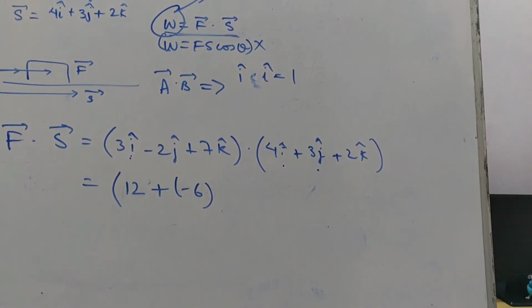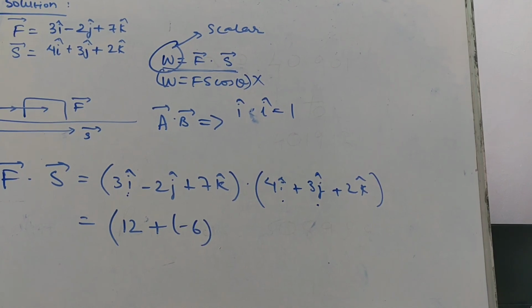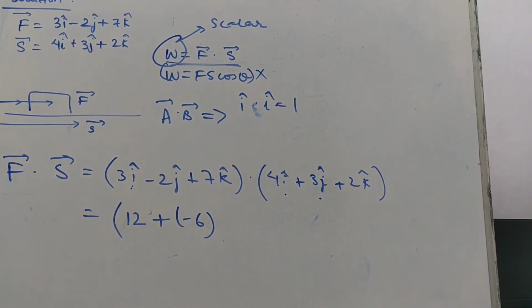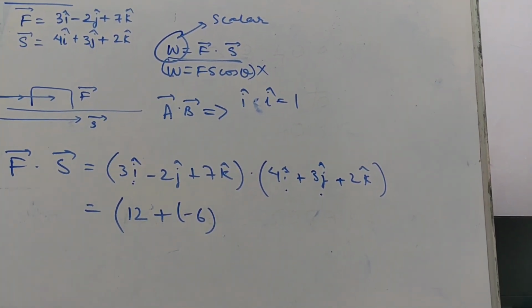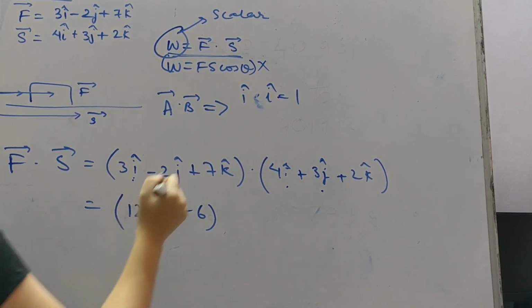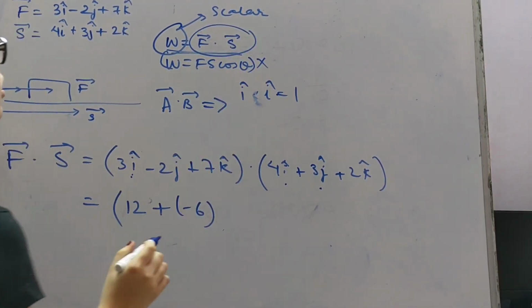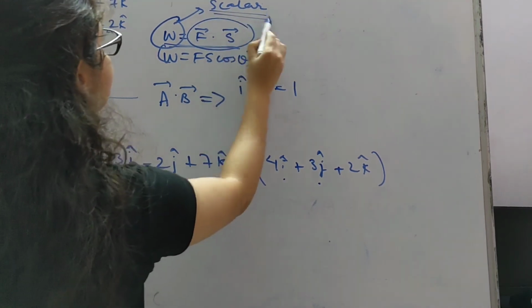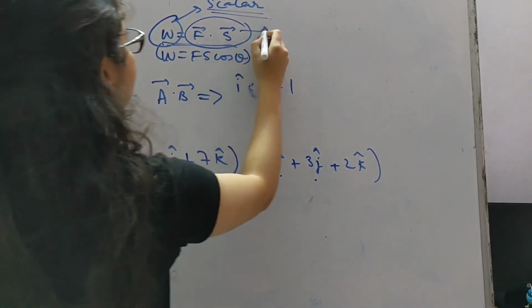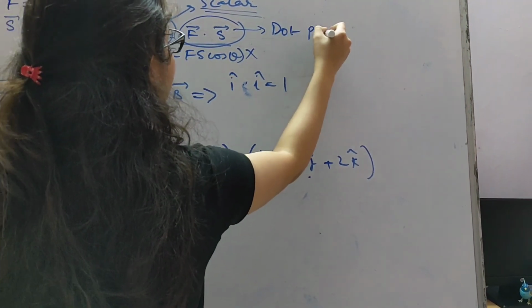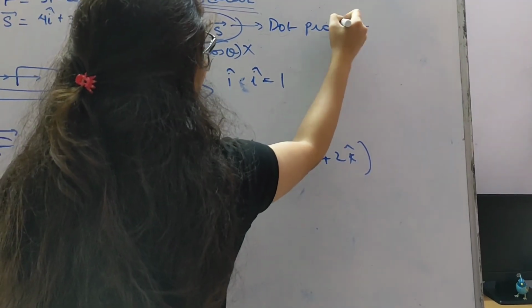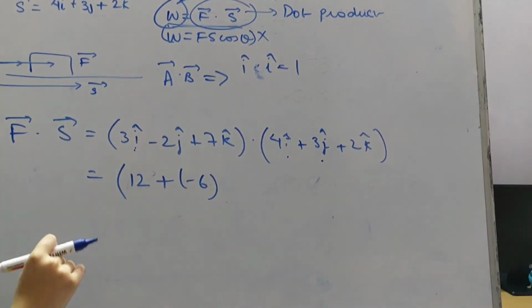Note this down. We will have many numericals where it will not be given whether you have to solve it by dot product or cross product, but if it is given that on having a product of two quantities you are getting a scalar result, then for sure it is dot product. Okay, so in dot product you will get a scalar quantity as your answer.